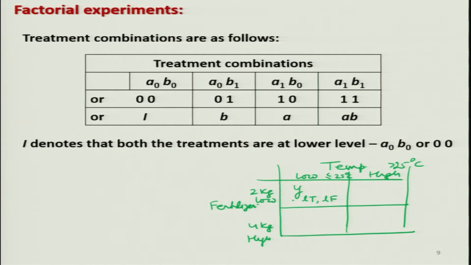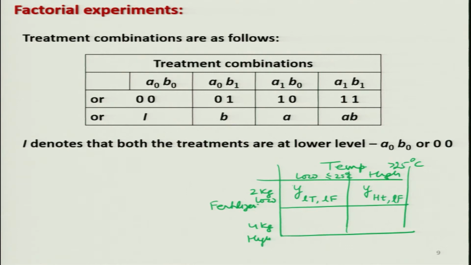Similarly, you can conduct the experiment with high temperature, say HT, and you can use the low quantity of fertilizer, that is 2 kilogram. So, this is here LF, and then you will obtain a value of y, that is the outcome.